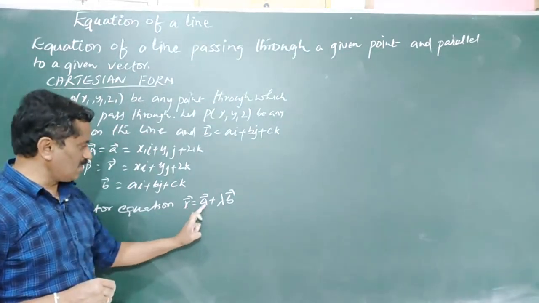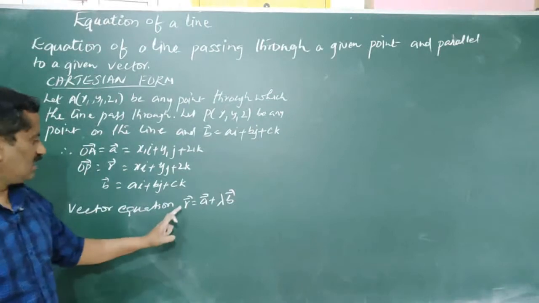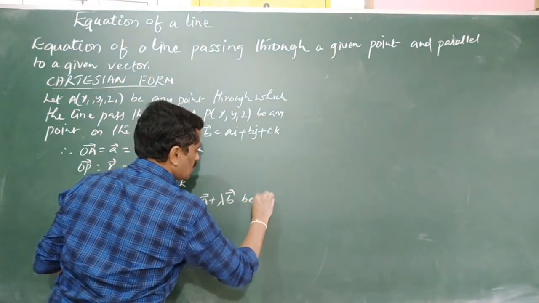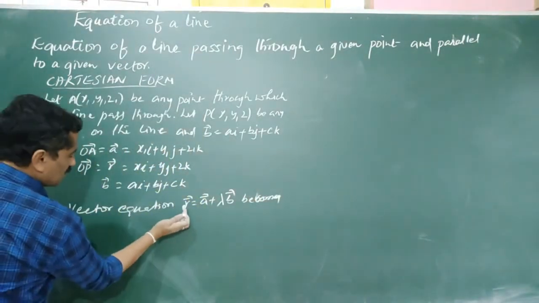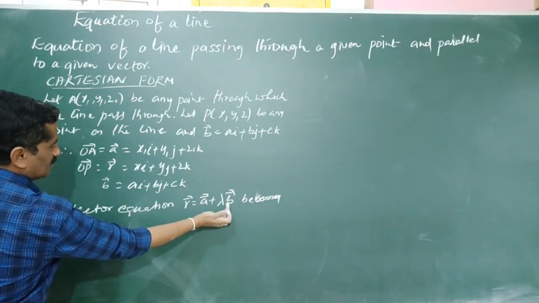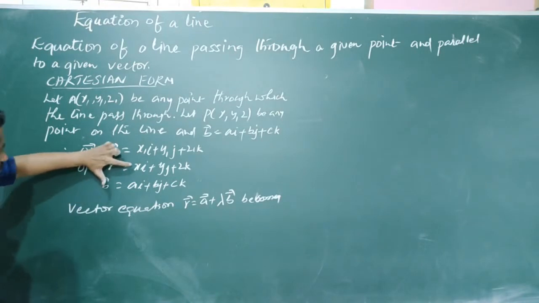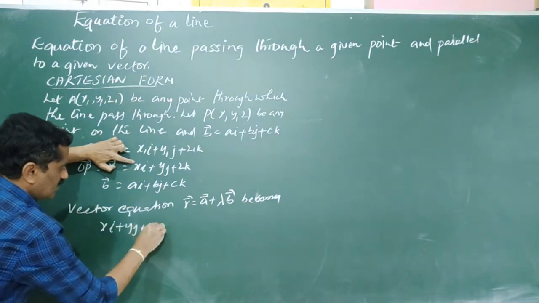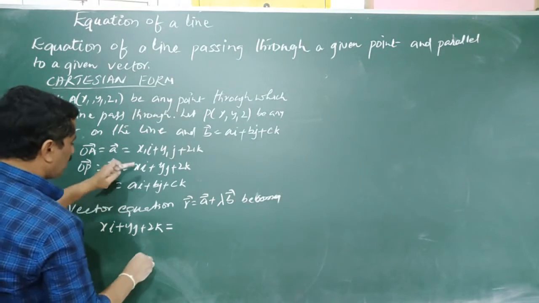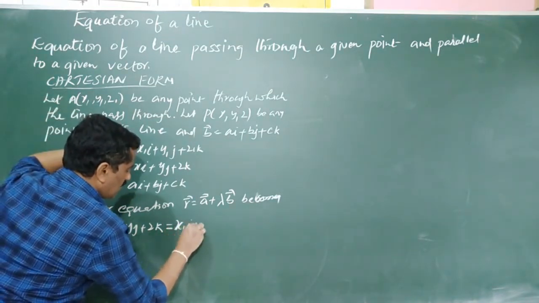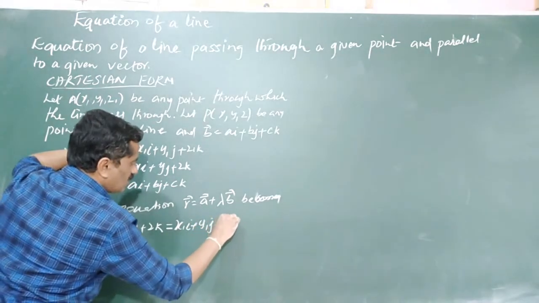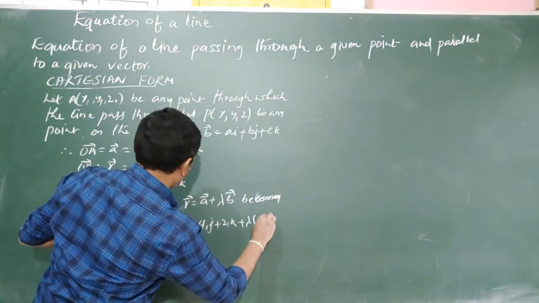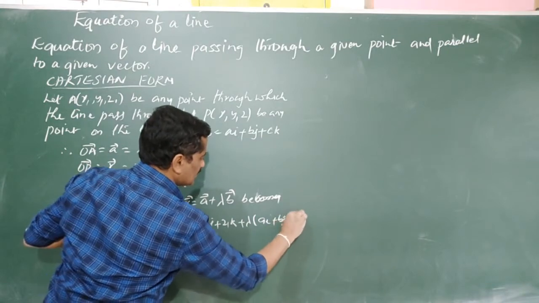Therefore, the vector equation r bar equals a bar plus lambda into b bar becomes, substituting the values of r bar, a bar and b bar: xi plus yj plus zk is equal to x1i plus y1j plus z1k plus lambda of ai plus bj plus ck.